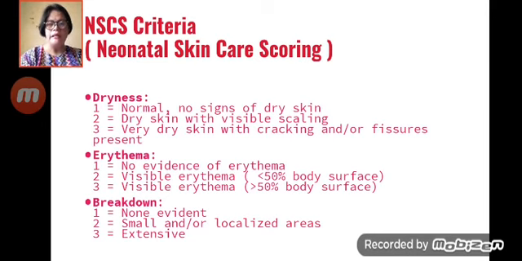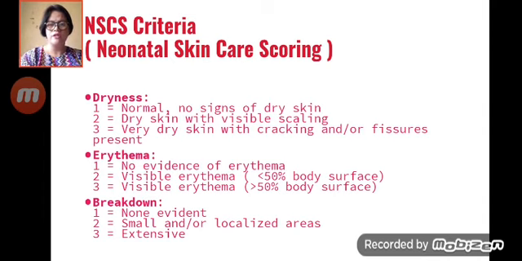If it's 2, there is dry skin with visible scaling. For erythema, there is visible erythema in less than 50% of the body surface area, and a small and/or localized area of breakdown.